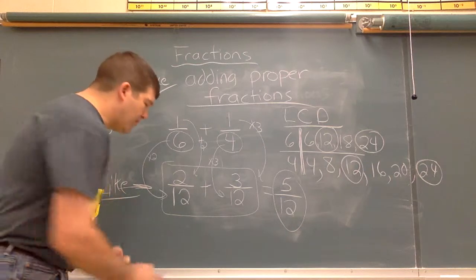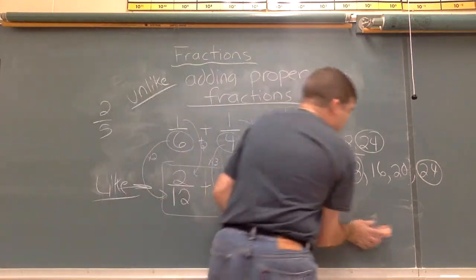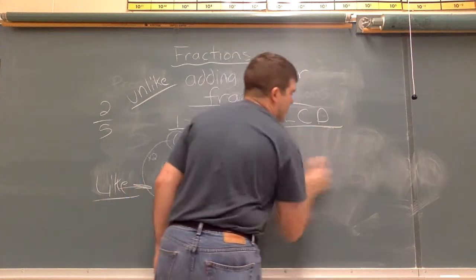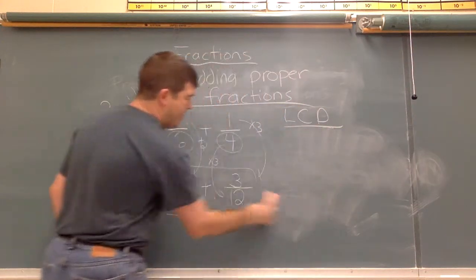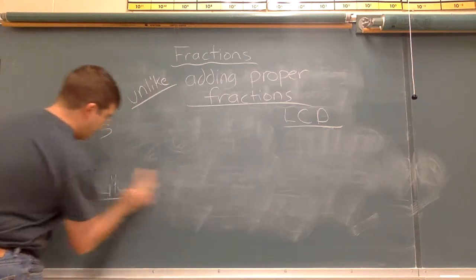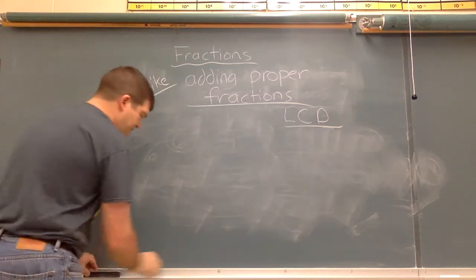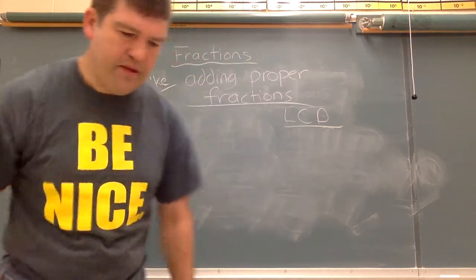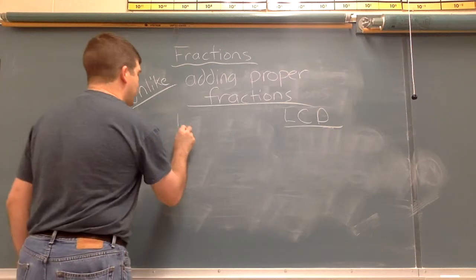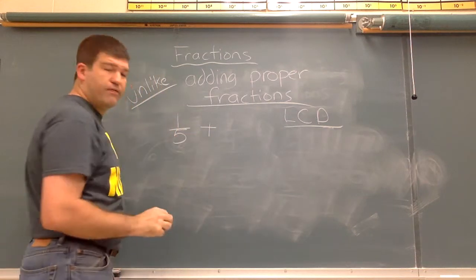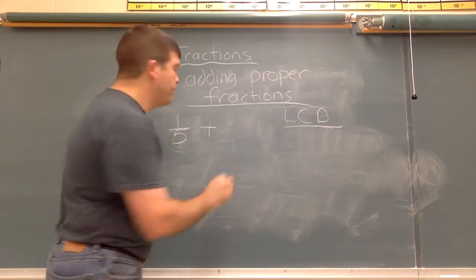Okay, let's do one more, and then that should be good. I'm going to keep my lowest common denominator chart there because I'm going to do some unlike fractions again, and I think I'll need it. Okay? And this one, let's do 1/5 plus 2/3.